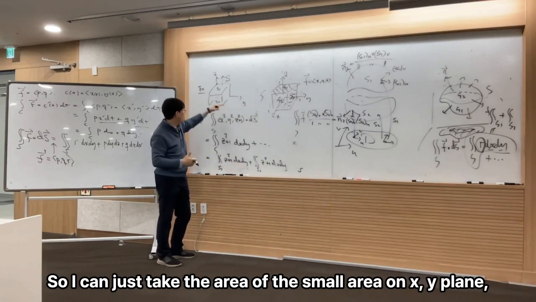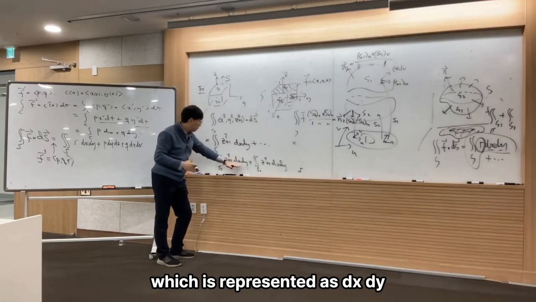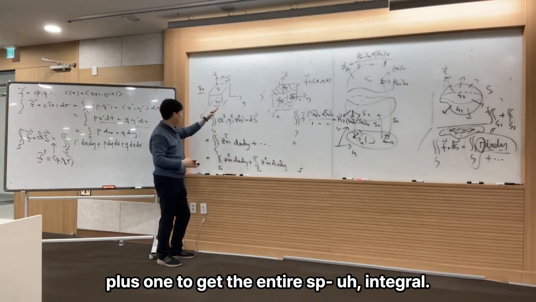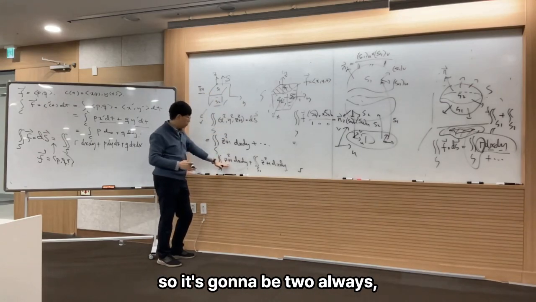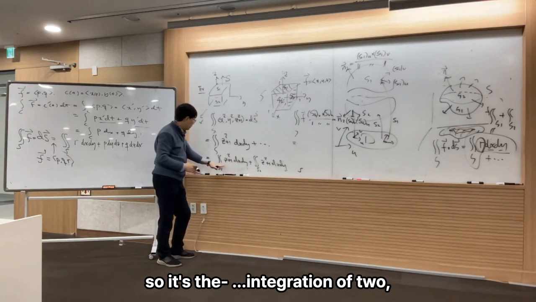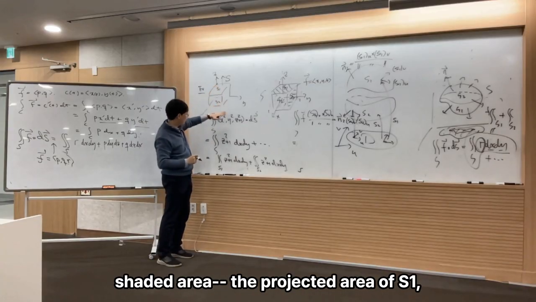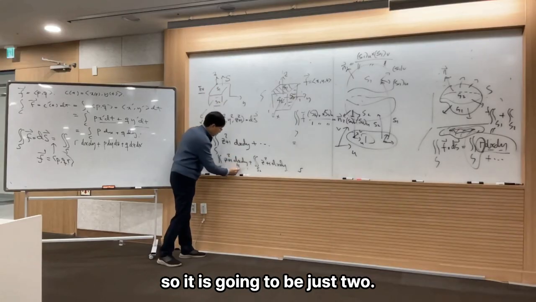So I can take the small area on the xy plane, represented as dx dy, and multiply by z squared plus 1 to get the entire integral. That is 1, so it's always going to be 2. It's the integration of the number 2 over the projected area of S1, which is just a 1 by 1 square. So it's just 2.